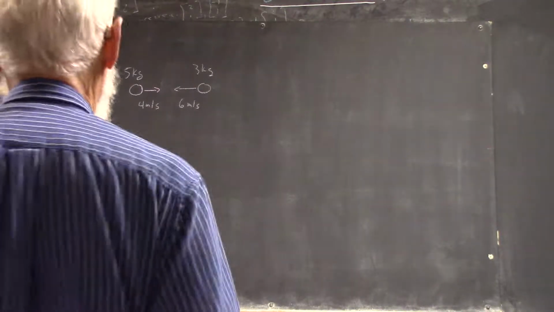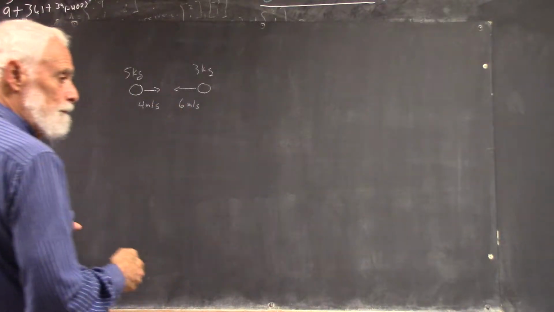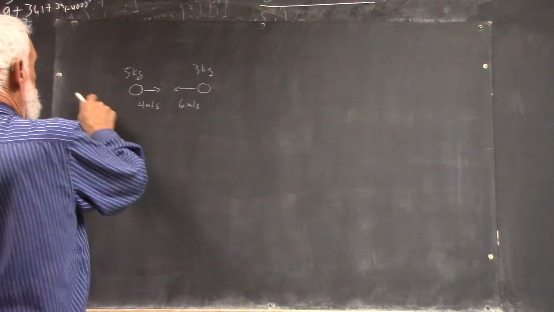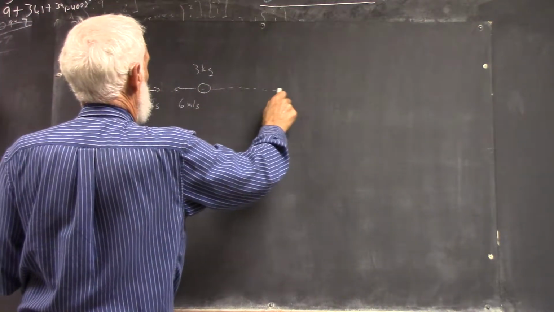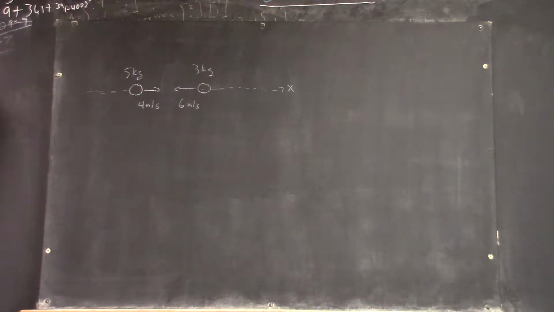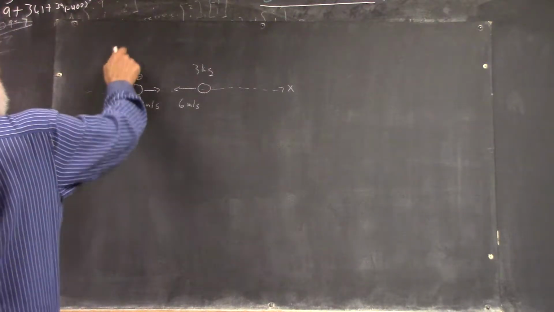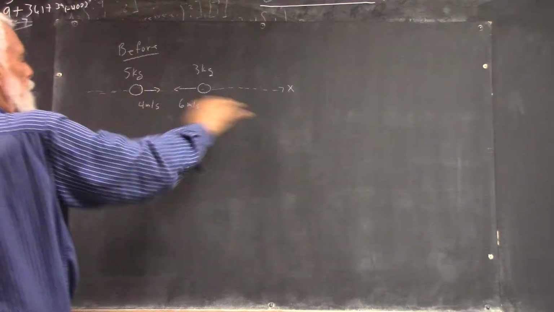Okay, suppose we have two pool balls that collide head-on, both moving along the same line, so we could have a little dotted line here that we call the x-axis. Okay? Then they collide, so before collision, they're moving like this.